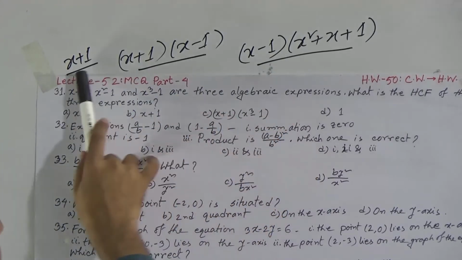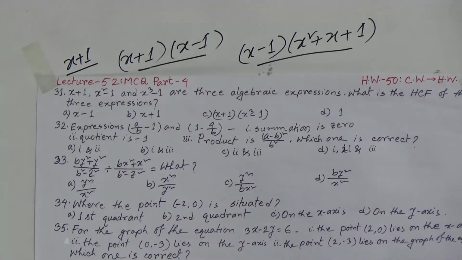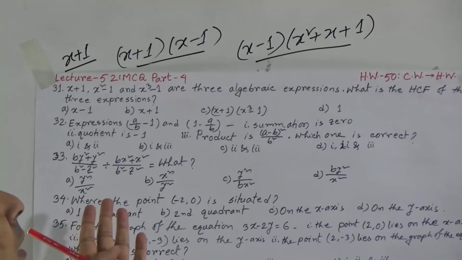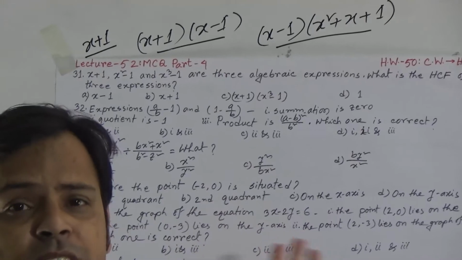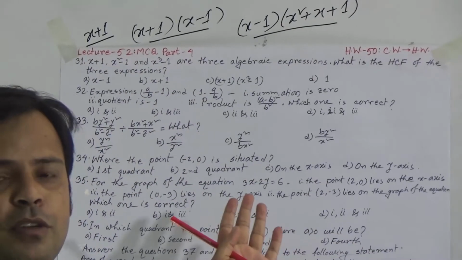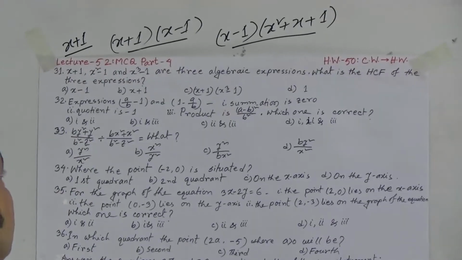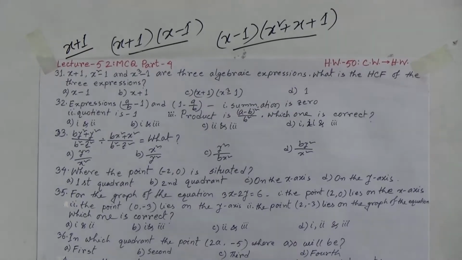So we will not get any common factor among these three expressions. As there is no common factor, only the numerical coefficient 1 will be common for all the expressions. So our HCF of these three expressions is 1.